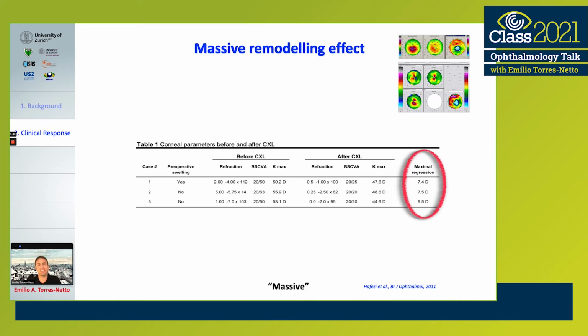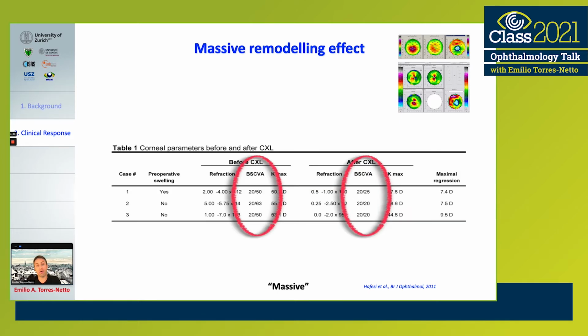Interesting is that this flattening usually comes with haze due to the massive remodeling, but interestingly, those patients do not often suffer from decreased visual acuity. You can see here after cross-linking all of those patients improved vision.